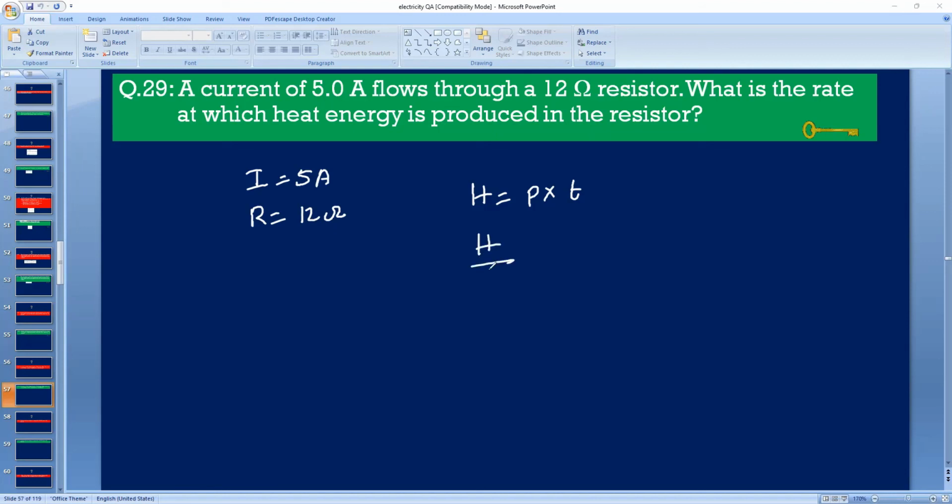So H by T is equal to how much? Let's say P. P in the form of I and R: I square R, which is 25 into 12. That is equal to 300. 300 is the rate of heat energy. Joule per second is the unit. Thank you very much.